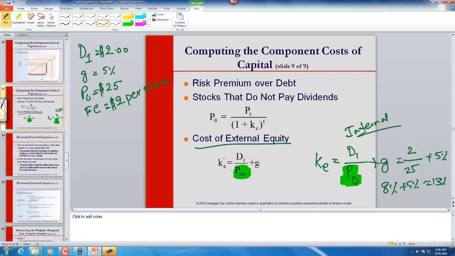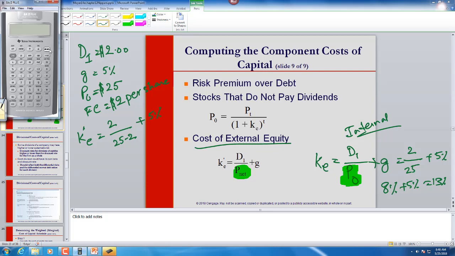Now, what will it do to the external equity? KE, K astrope E, on the other hand, will be 2 divided by 25 minus 2, because $2 is the flotation cost, plus 5%. Now, what will that be? 2 divided by 23, because 25 minus 2 is 23, is 9%.